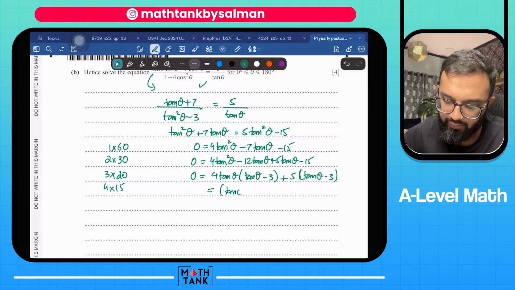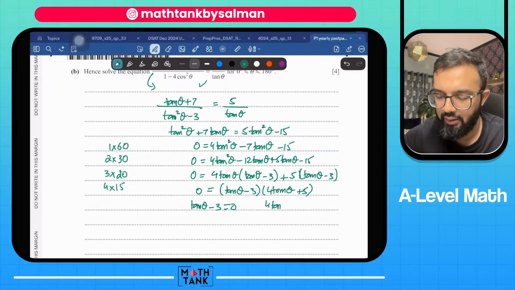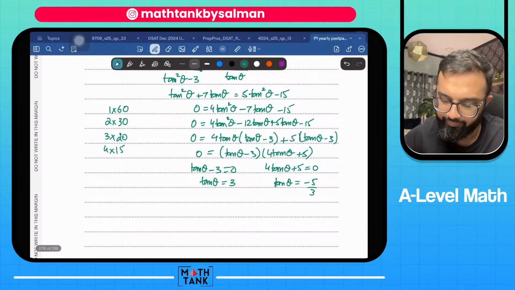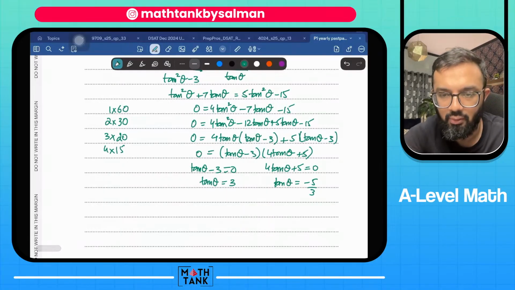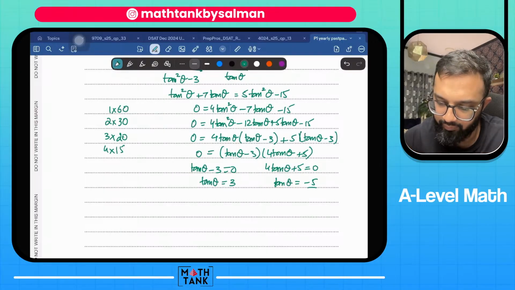Tan theta minus 3 and 4 tan theta plus 5. So either tan theta minus 3 equals 0 or 4 tan theta plus 5 equals 0. Tan theta equals 3. Tan theta equals minus 5 over 4.